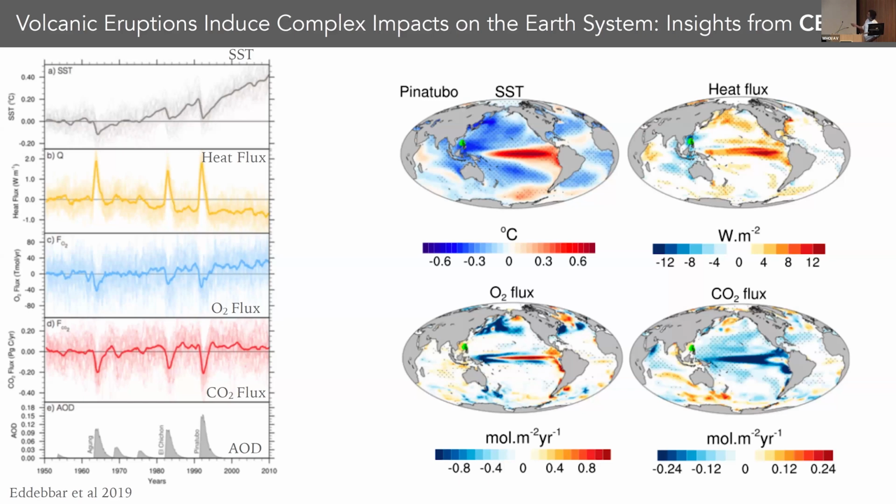And the responses of the oxygen and carbon flux are actually not happening in the same area. Carbon is mostly taken up anomalously in the low latitudes, mostly the equatorial Pacific cold tongue, whereas oxygen is primarily taken up in higher latitudes, North Atlantic and North Pacific.